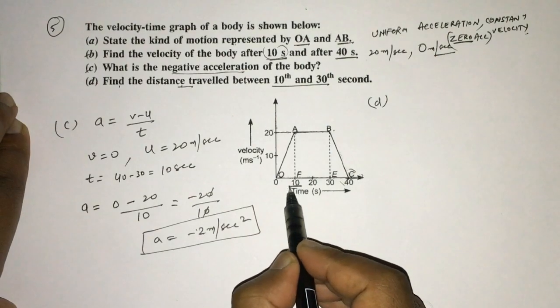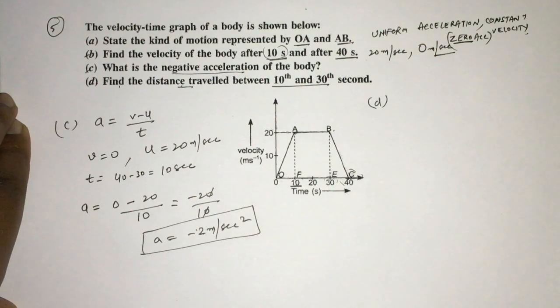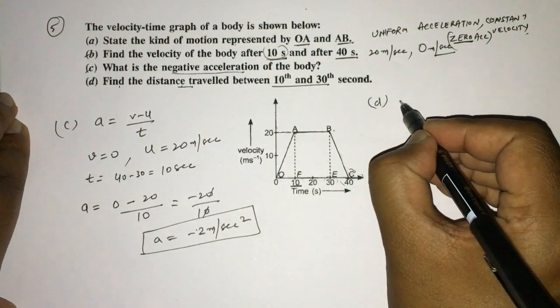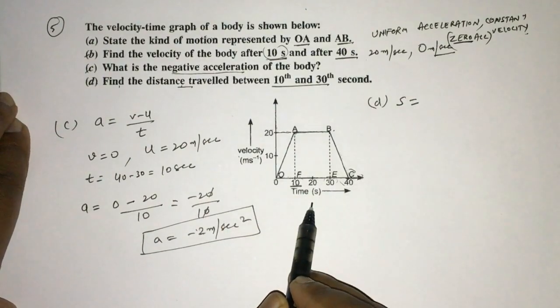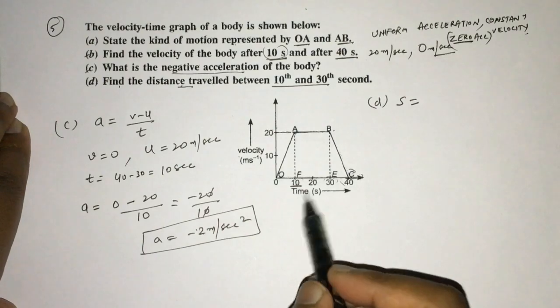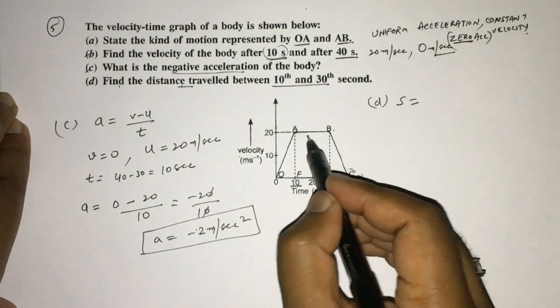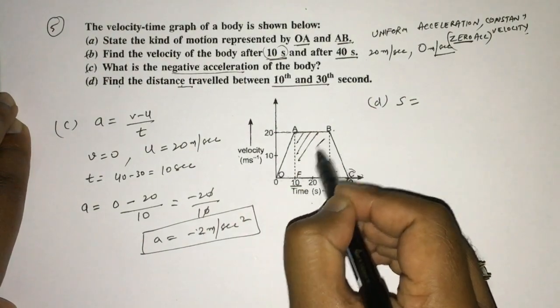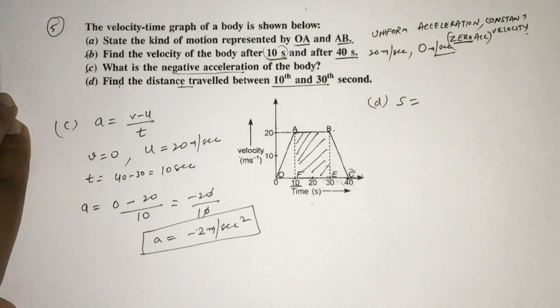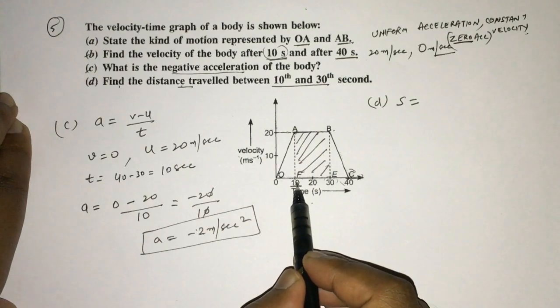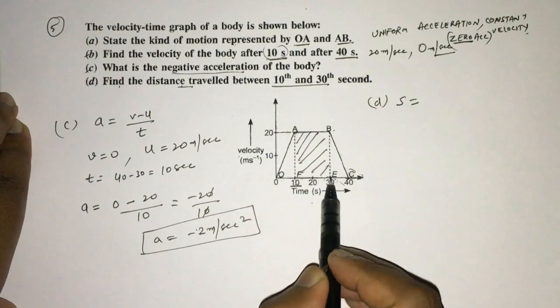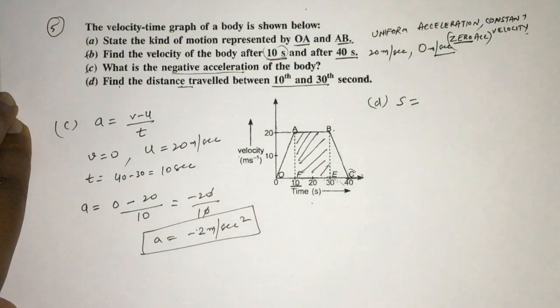So 10th and 30th second. We know that whenever we need to calculate distance in a velocity time graph, we have to calculate the area under the graph. From 10 to 30, this is the area, a square from 10 to 30 and 0 to 20.